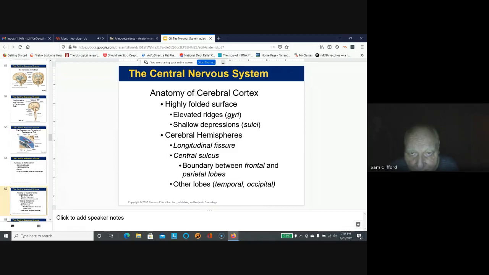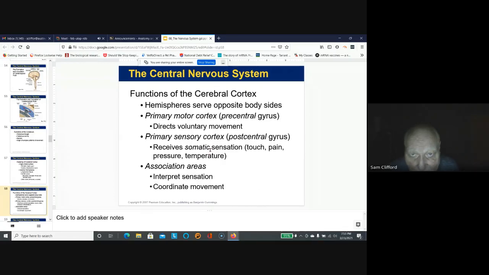So we said that gyri are the ridges, the depressions are the sulci, the fissures are dividing boundaries in the cerebral hemispheres. We'll have a longitudinal fissure and so on, and we'll have a central sulcus that we mentioned. We mentioned these structures. We'll talk about them in a moment again.